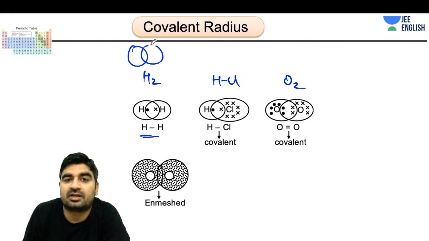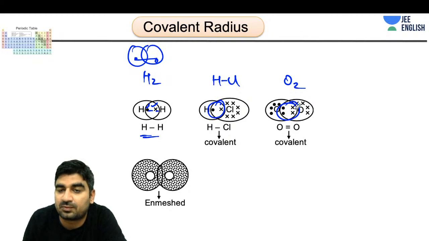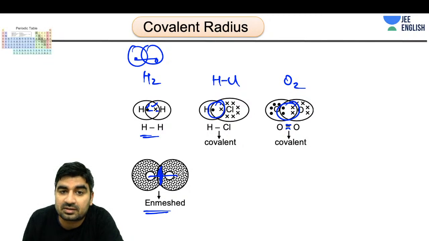When two hydrogen atoms are overlapping, this is the bond formed by sharing one electron. In HCl they are sharing, in O2 they are sharing. So 4 electrons are there, so I will make a double bond, meaning 2 bond pairs are there. Here you can observe the overlapping, and this is the distance between the nuclei.